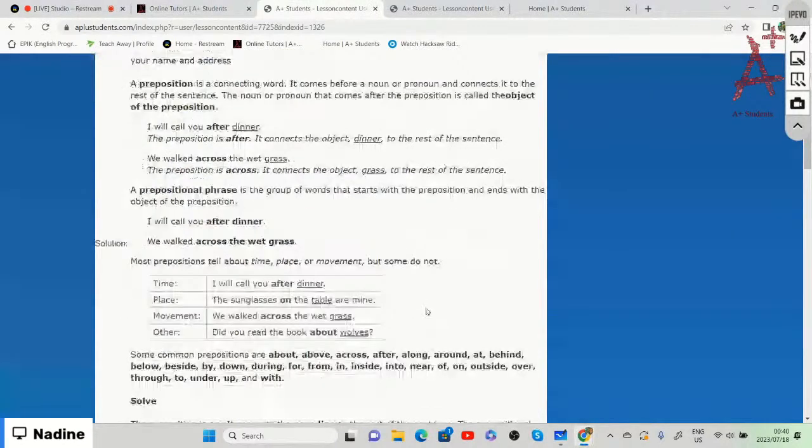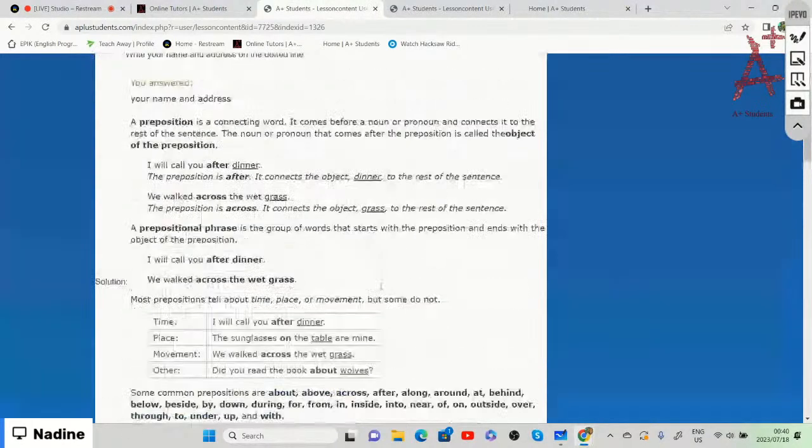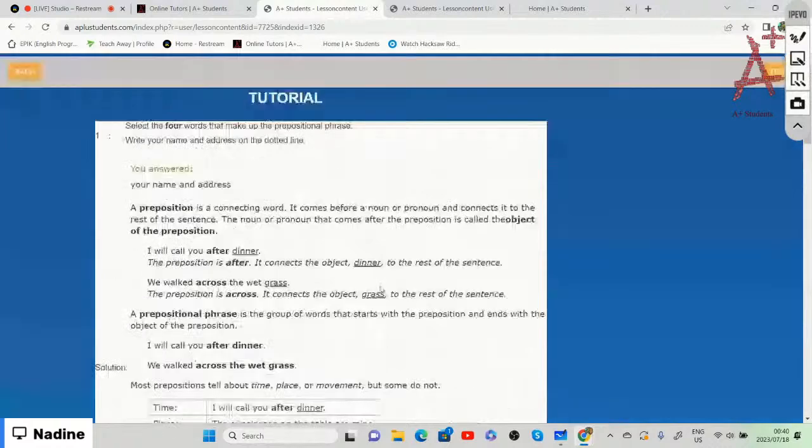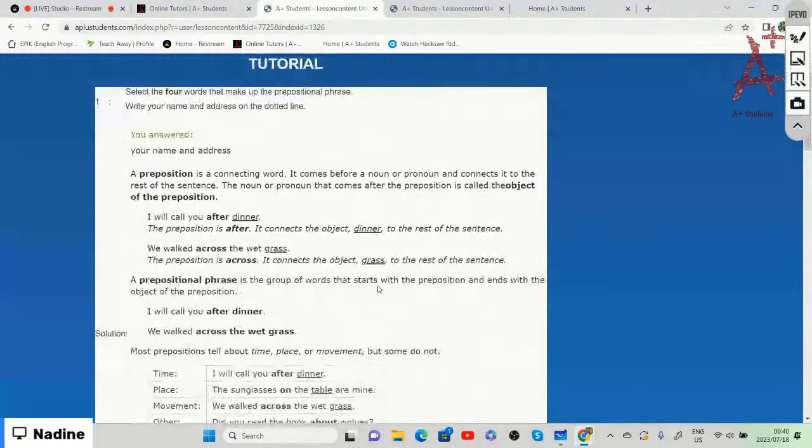All right, so now we need to identify the prepositional phrases within the sentence. That means we need to identify more than one word within a sentence, and that is why we call it a phrase.